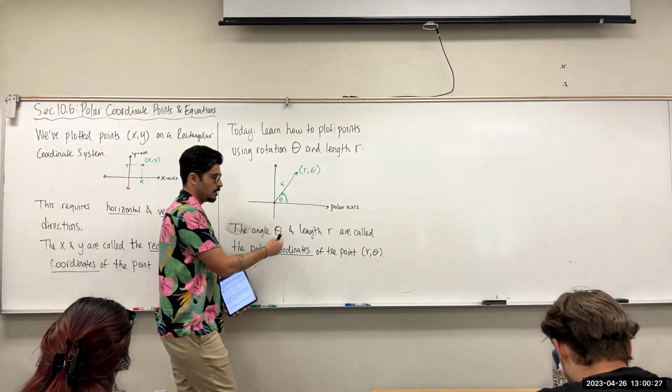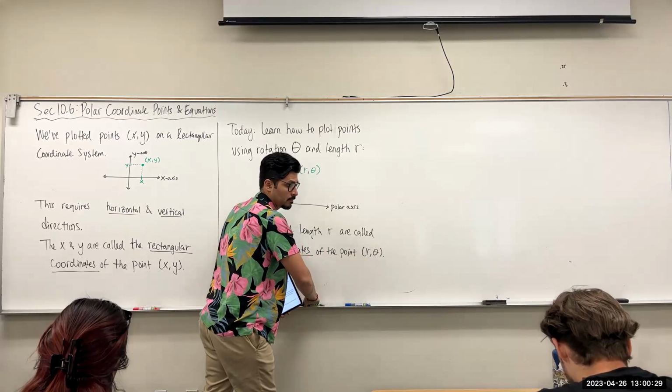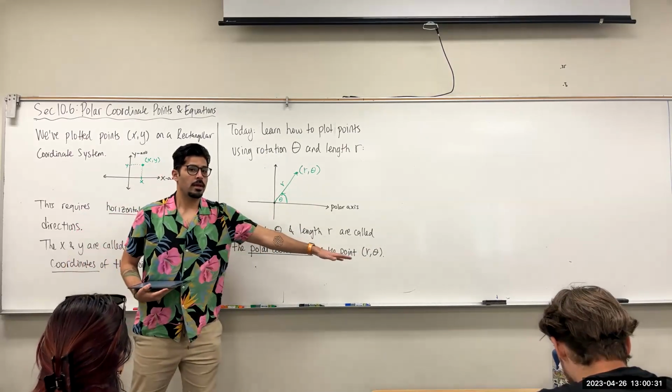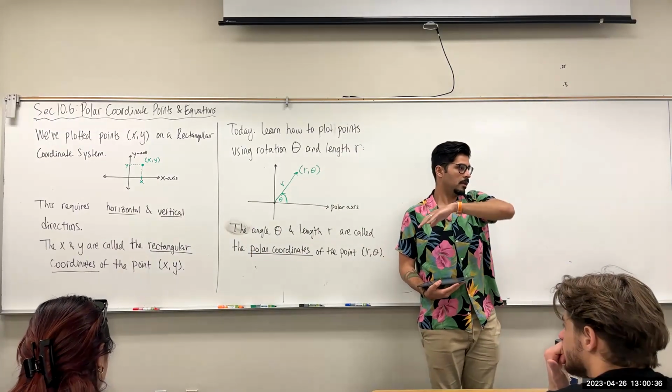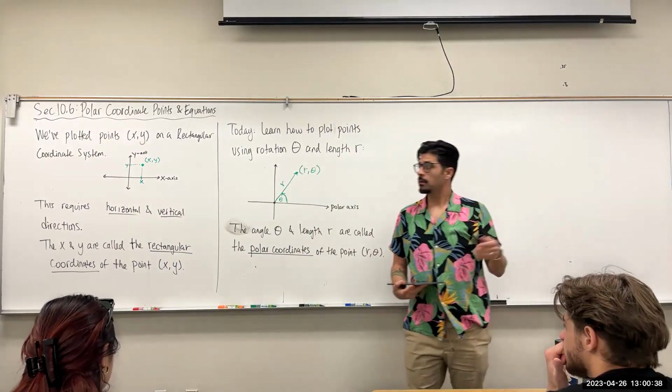When you see polar coordinates, it's talking about r comma theta. Both different ways, both different systems to show you the location of a point, but in a very different way. Okay?